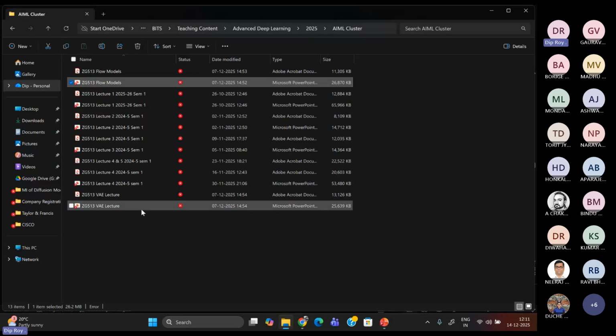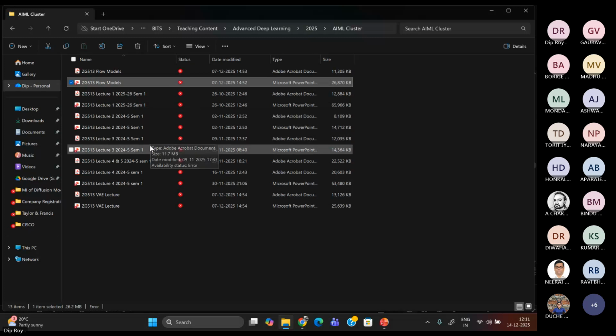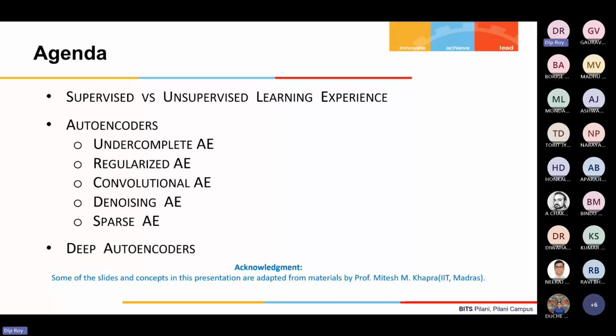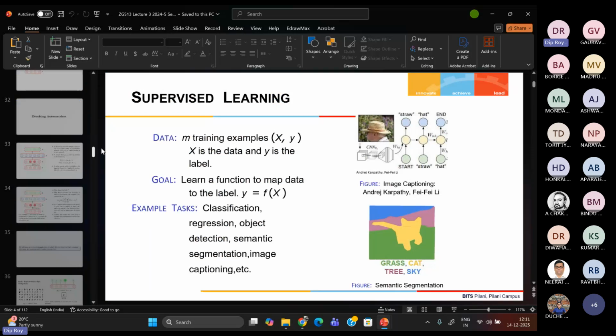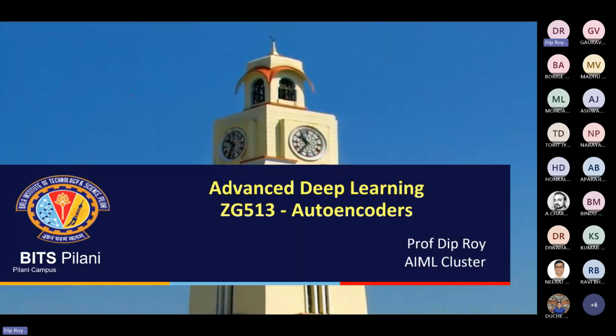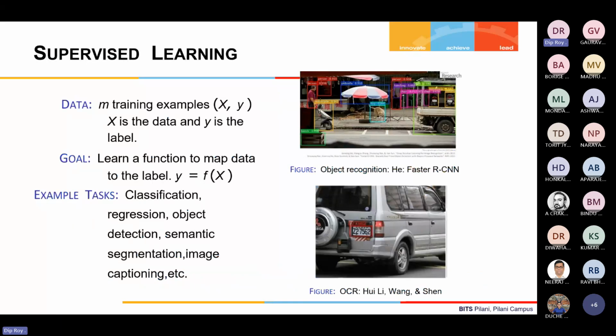You first have to tell me where exactly you have the doubts. These are autoencoder slides, and I think there are at least 50 slides. So it's not possible for me to give a refresher at this point of time. I can talk you through the story of the autoencoder, what exactly an autoencoder is, or the other way is that if you have any questions, we can go through the questions.